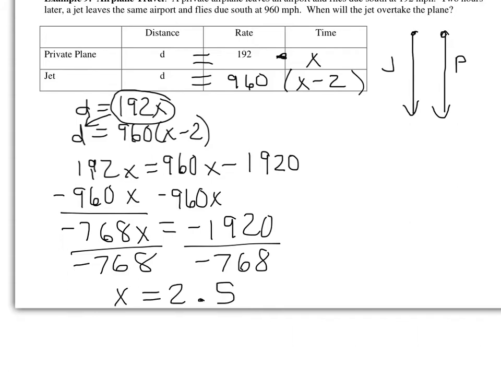X is the time that the private plane flies. When will the jet overtake the plane? Well, this is the time, it's hours. That's the time of the private plane. We really want to know how long the jet will be in the air. What's the time of the jet? So that's x minus 2. 2.5 minus 2.